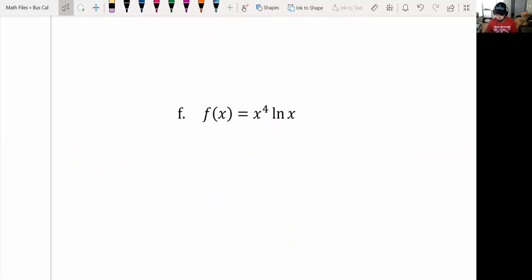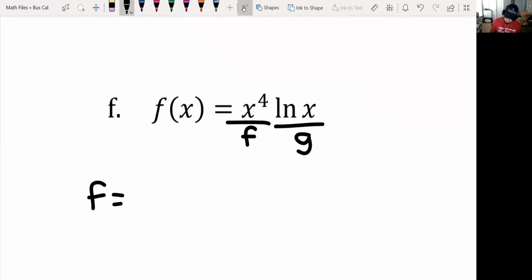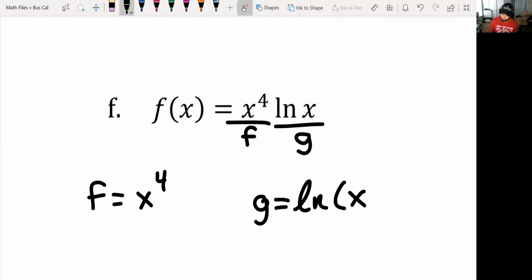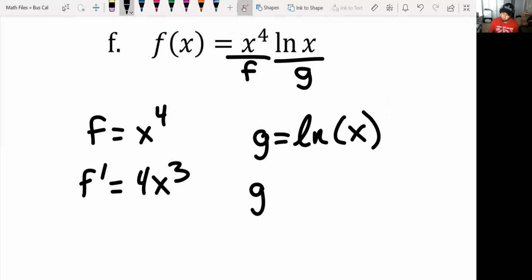4, another product rule. There's f, there's g. F is x to the 4th. G is the natural log of x. F prime, 4x cubed. G prime, 1 over x.